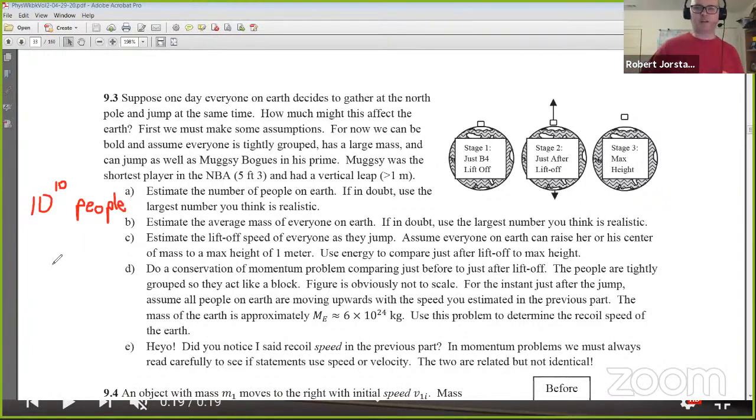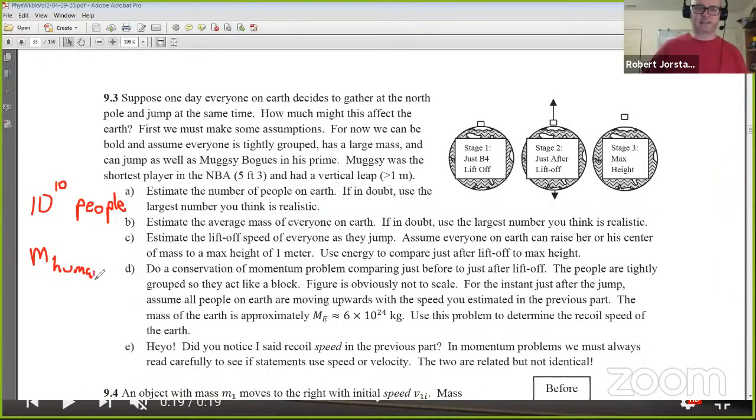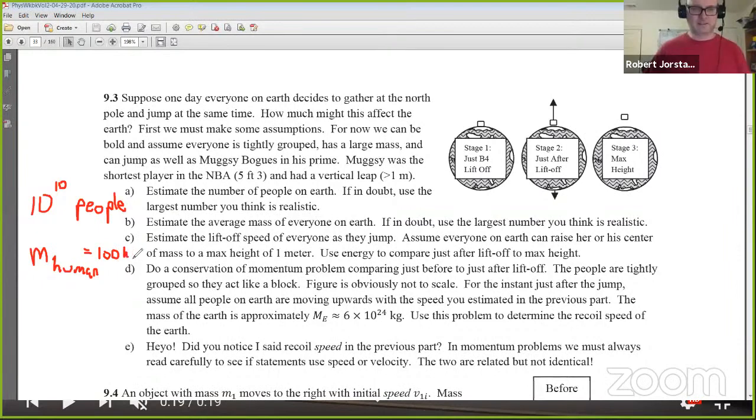What's the mass of one human being? On average, just take a guess. 60 kilos at least. That sounds good. And now that's going to be hard because that's got a 6 in it. So I'm going to round up to my mass, 100 kilos. Okay. So let's just say everybody's 100 kilos. What's the net mass?